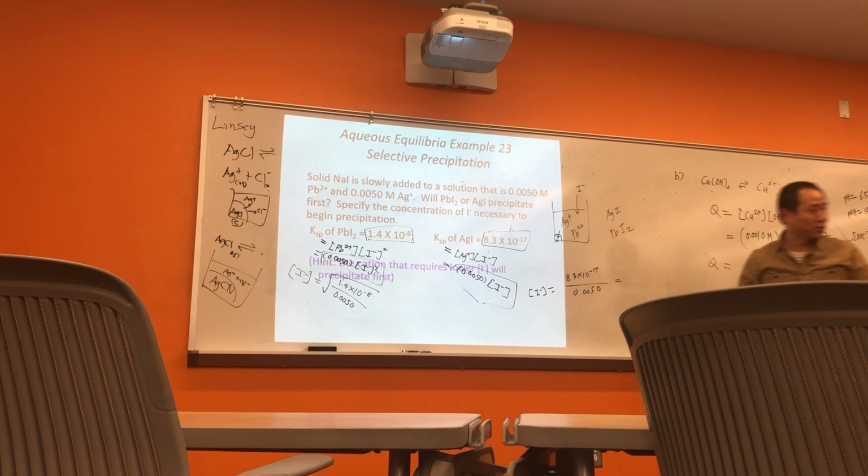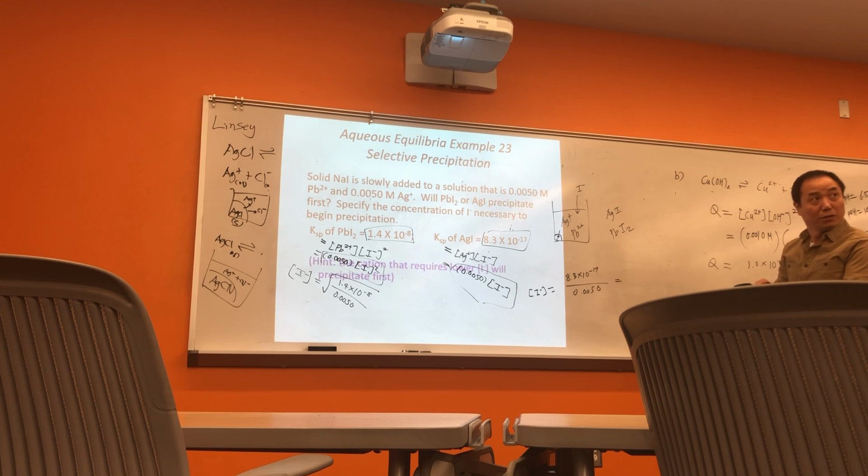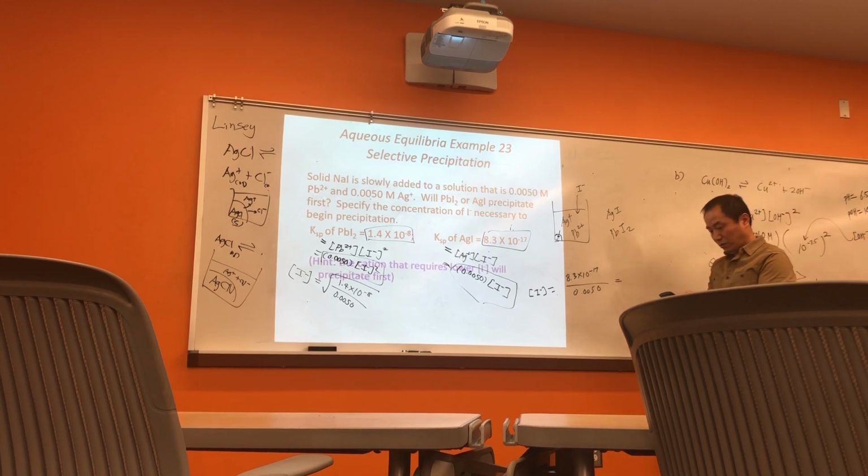So if you do the calculation, 8.3 times 10 to the minus 17 divided by 0.005, 1.66 times 10 to the minus 14.